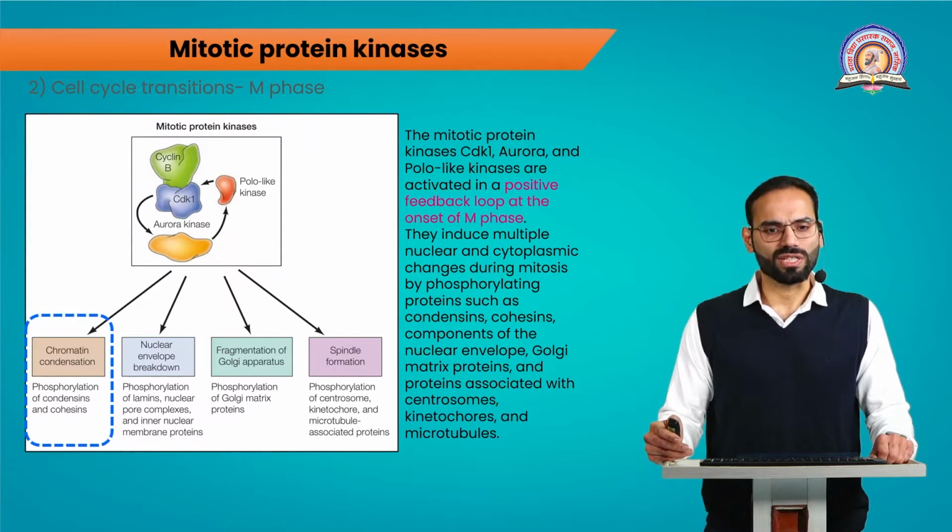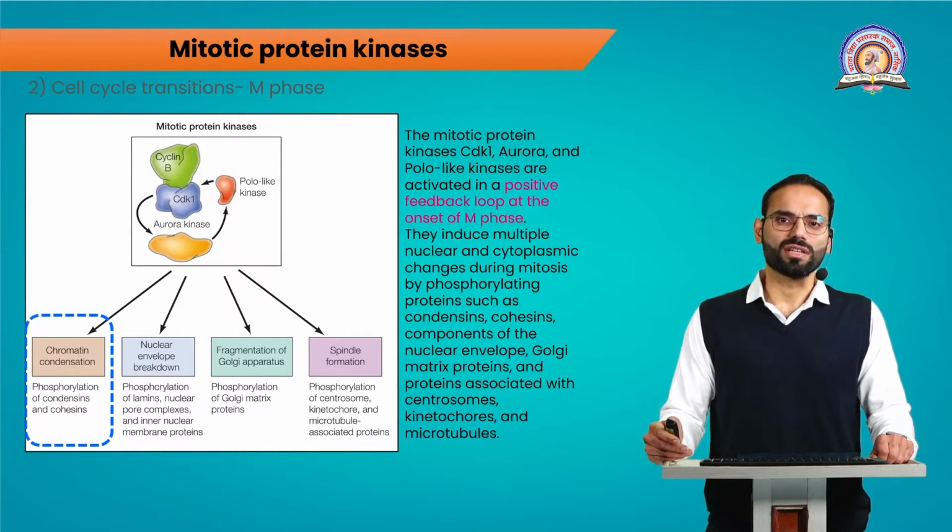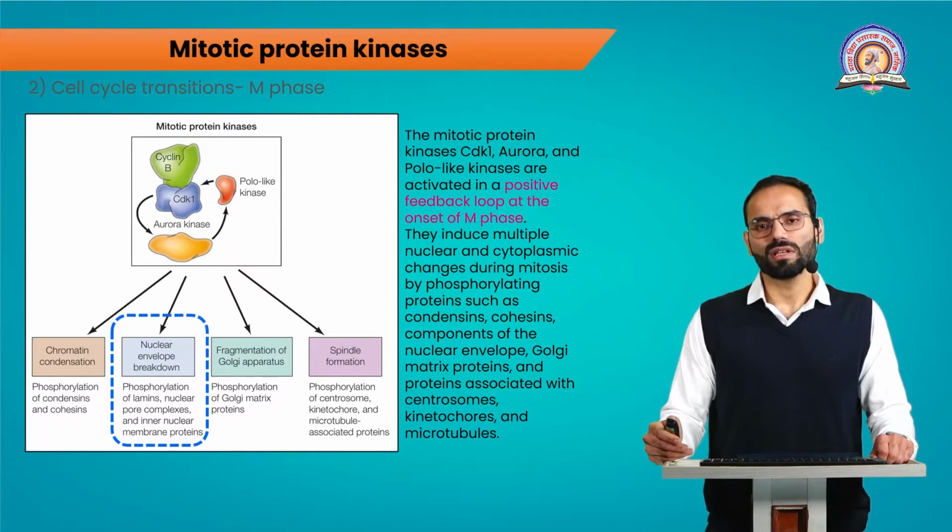So the first thing which happens is chromosome condensation. This chromosome condensation happens after phosphorylation of condensins and cohesins. Then the second thing which happens is the nuclear envelope breakdown. These three kinases catalyze phosphorylation of the lamins and other important components, that is the nuclear pore complexes and the nuclear membrane proteins.